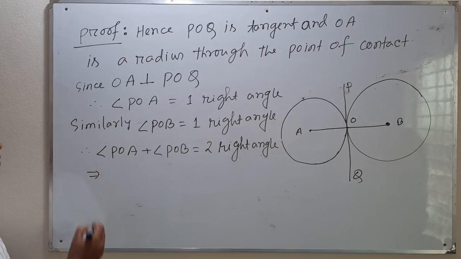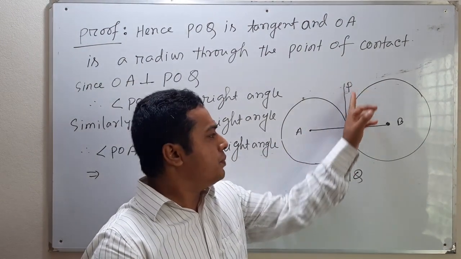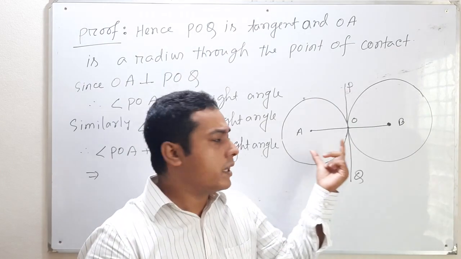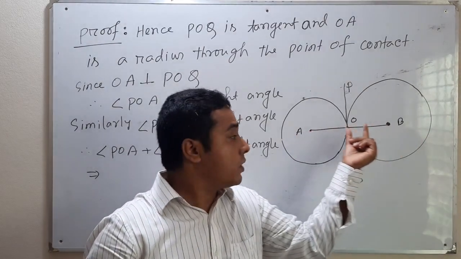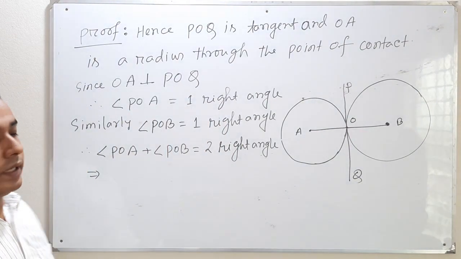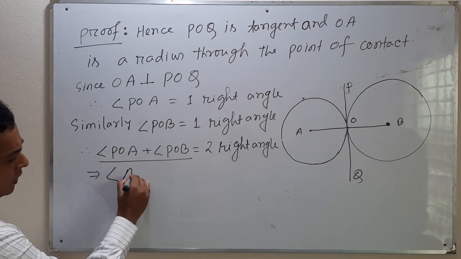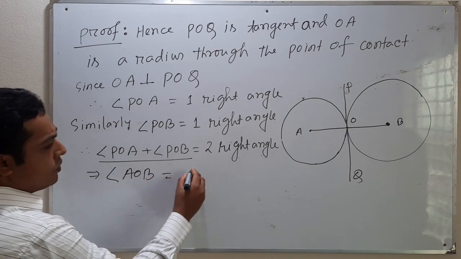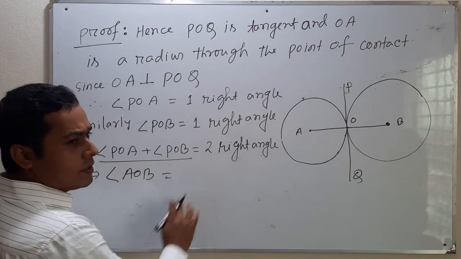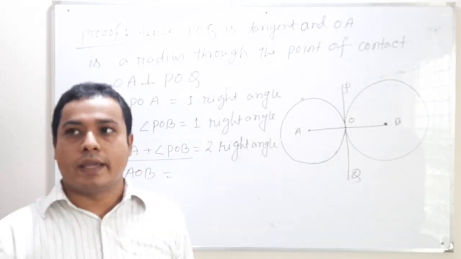Here angles POA and POB together are equal to angle AOB, which is equal to 2 right angles, meaning 180 degrees, and 180 degrees is called a straight angle.